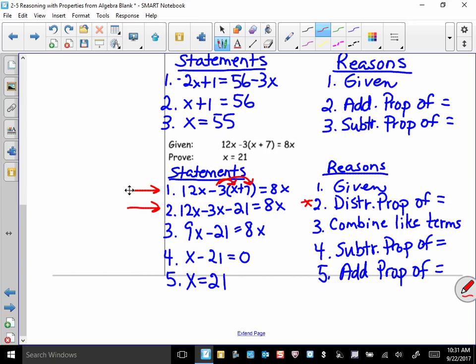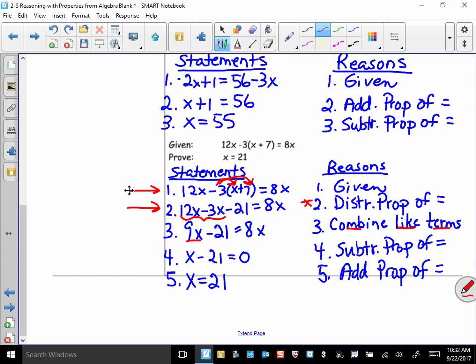Okay, so this may be the point where you didn't know what to do because we did not have a step like this in our previous two proofs. So what I did here is I combined the like terms, 12x minus 3x, and I got 9x. So for this reason on number 3, you could write combine like terms. You could also use simplify as a reason.